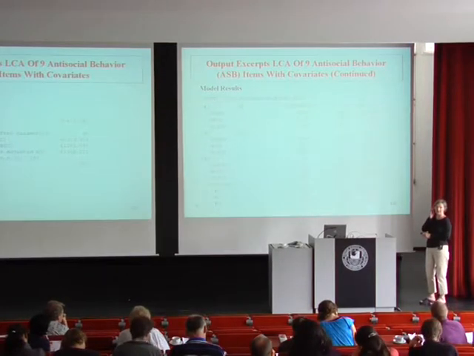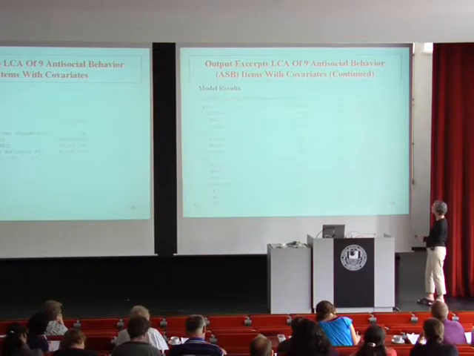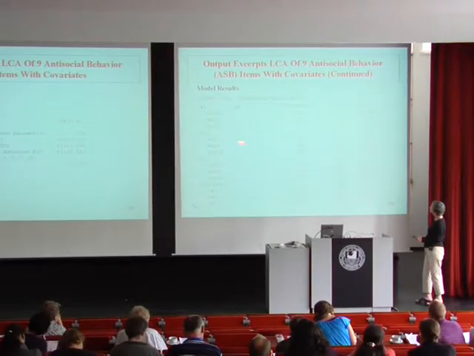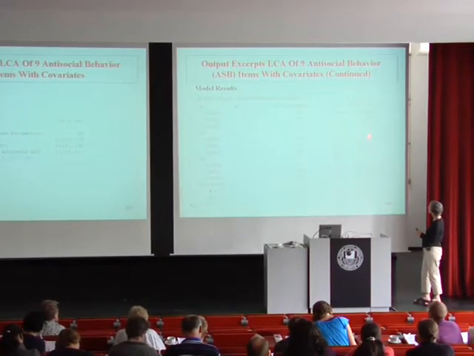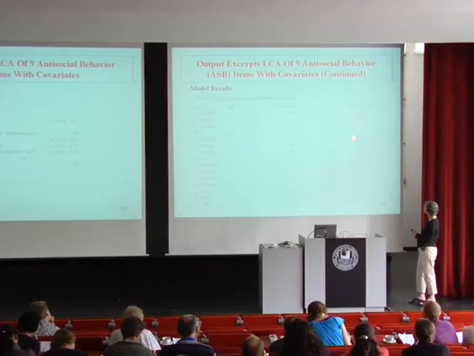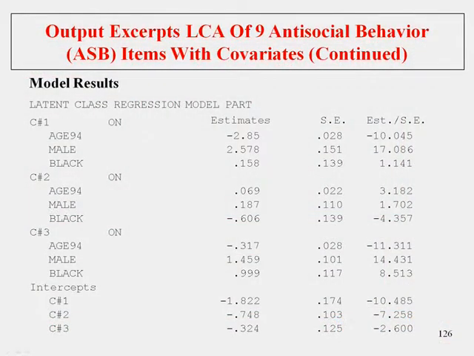That's a binary covariate. So that's how you do that. And then the same thing for class 2. We see that age is also significant but positive, and that black is significant and negative. We see in class 3 that all 3 covariates are significant. So this is how you will find the results of the multinomial logistic regression of the categorical latent variable C on a set of covariates.